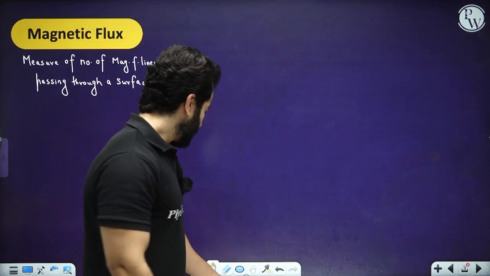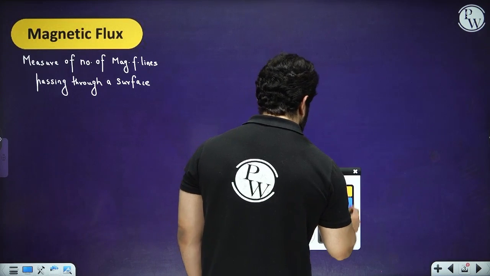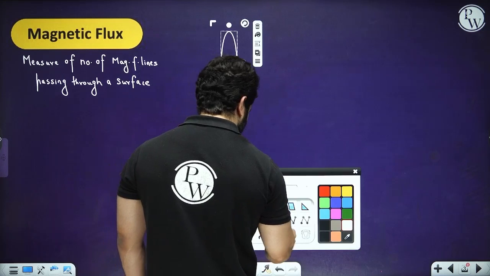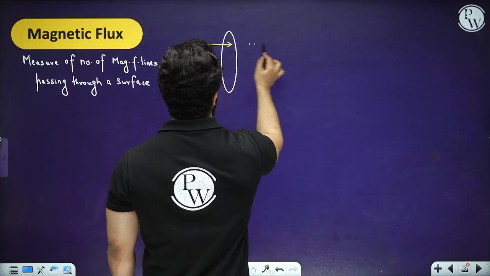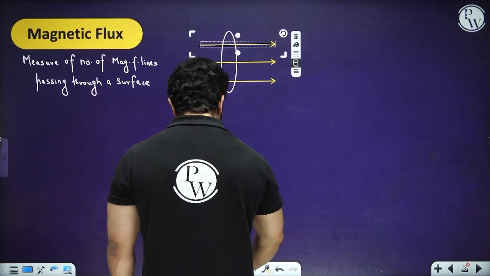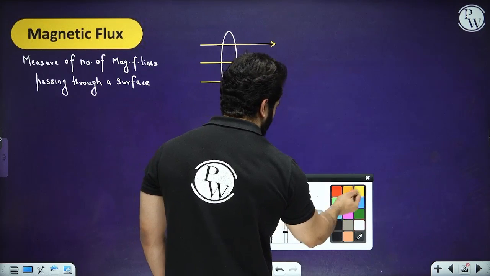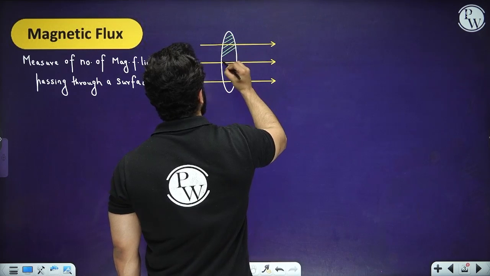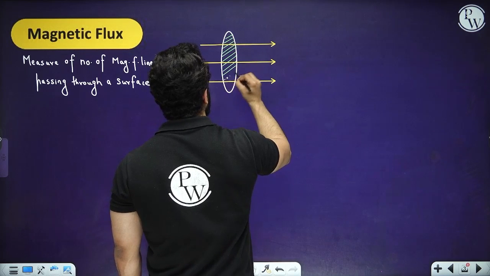So let's take some example. Let's suppose you have got a surface like this and these are the magnetic field lines. Right now the maximum amount of area is linking to these magnetic field lines.